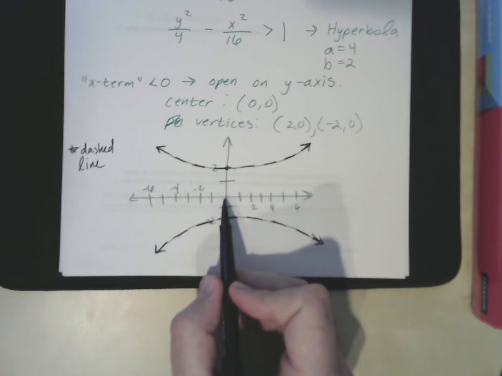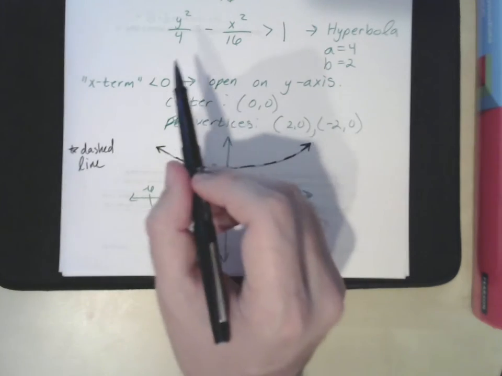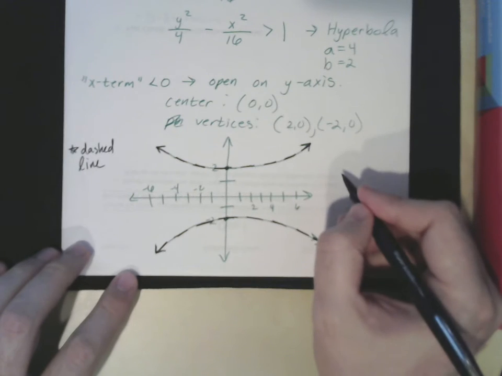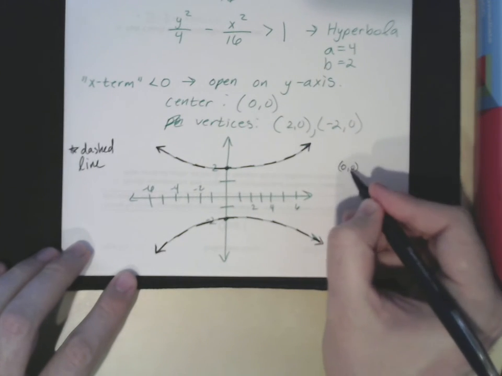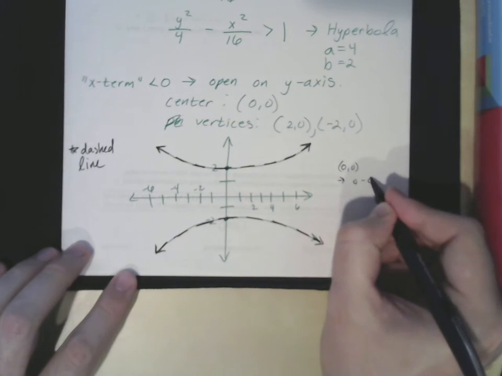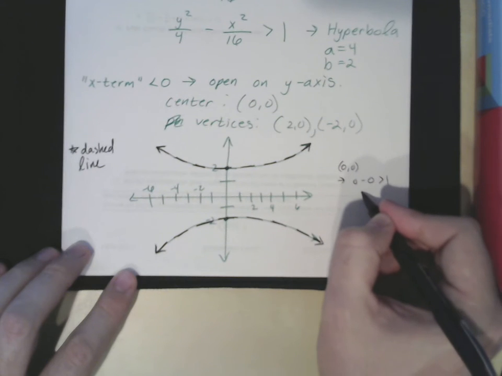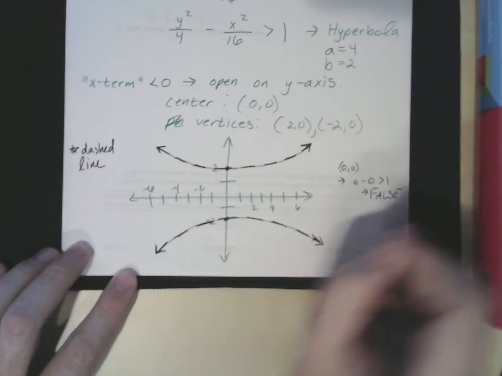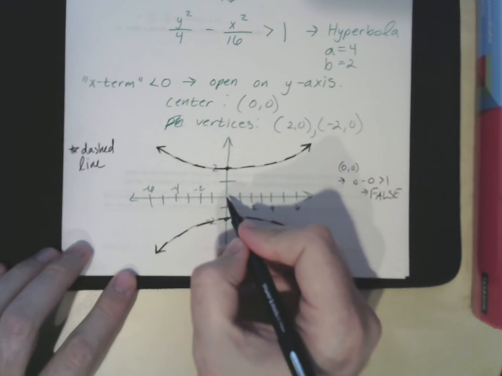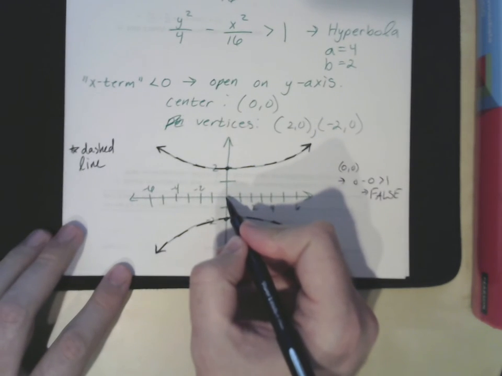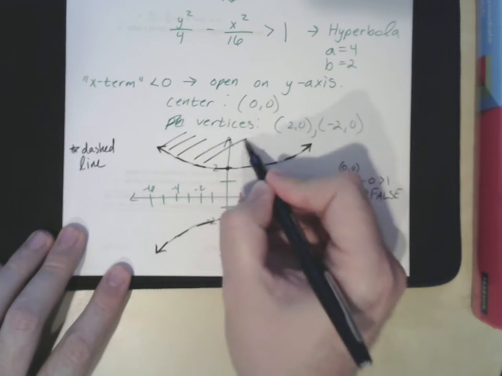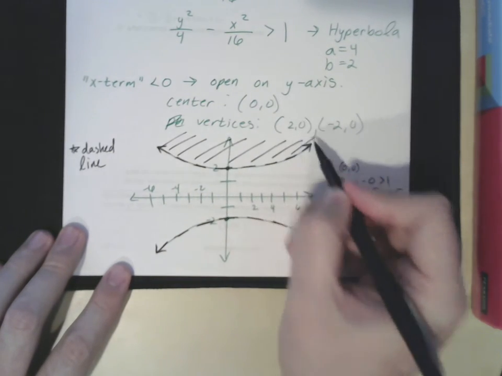So pick 0, 0. Looking at our inequality, is 0 greater than 1? So if we have 0, 0 as a point, 0 minus 0 greater than 1, this is false. So that means 0, 0 is not in the solution region. So our shading should be above and below.